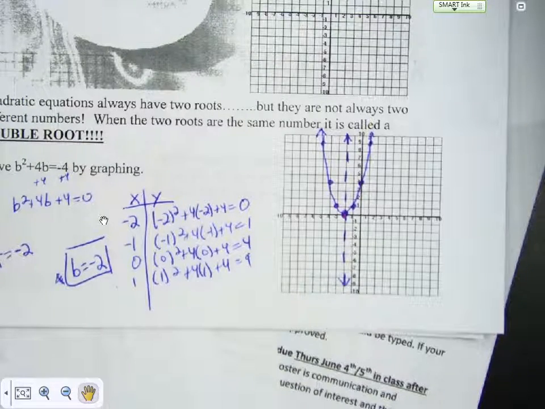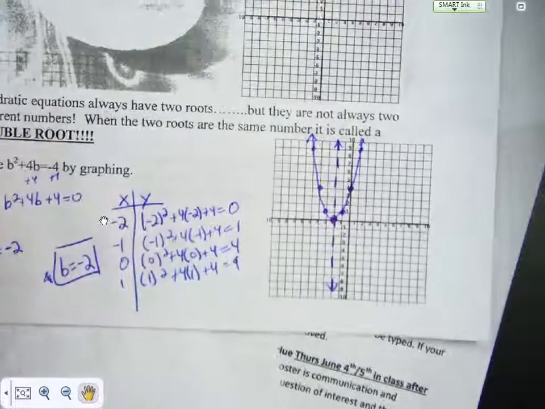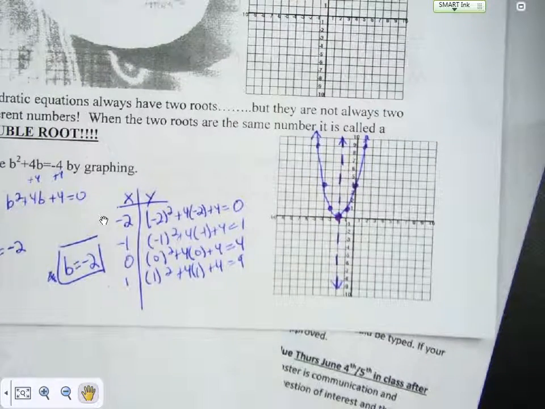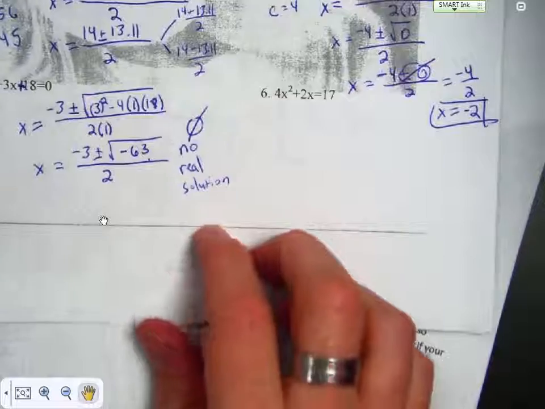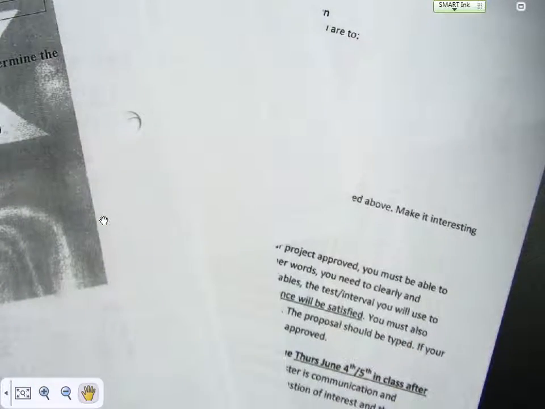Final answer. Let's go to another example here. We'll do this one and then we'll be done.